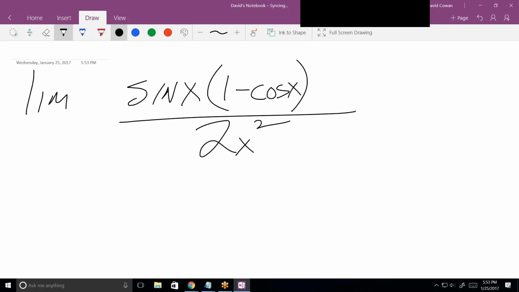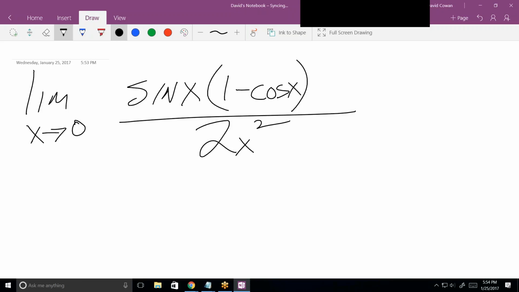And of course the limit as x goes to 0 is going to be 0 over 0. So how to solve this? Think of separating it out.